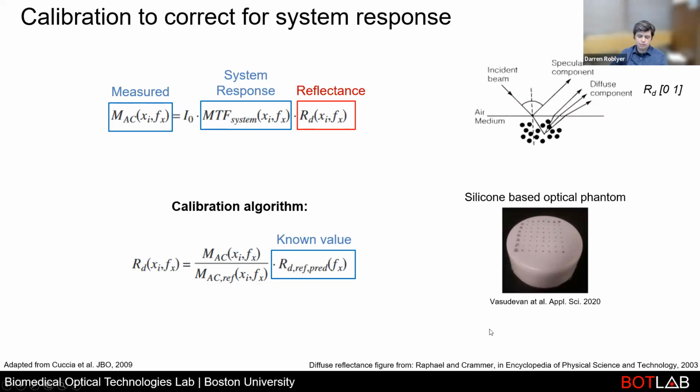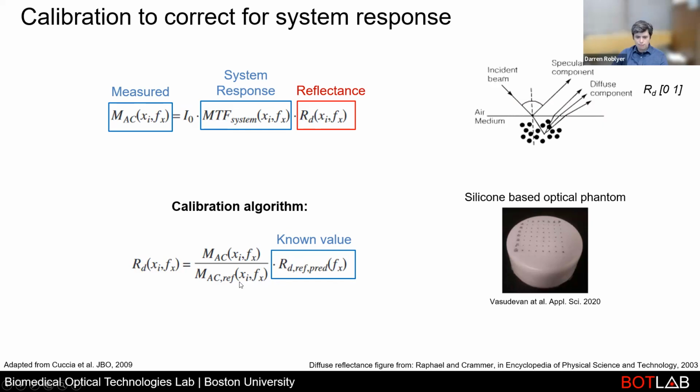If we have a phantom like this where we know the optical properties, the mu-A and mu-S prime at a given wavelength, we can use a forward model to get to a known diffuse reflectance value at that wavelength. So we can measure this phantom, we'll get a MAC for the phantom, and we know what the RD should be. Now we have a mapping between our measurement and the known RD.